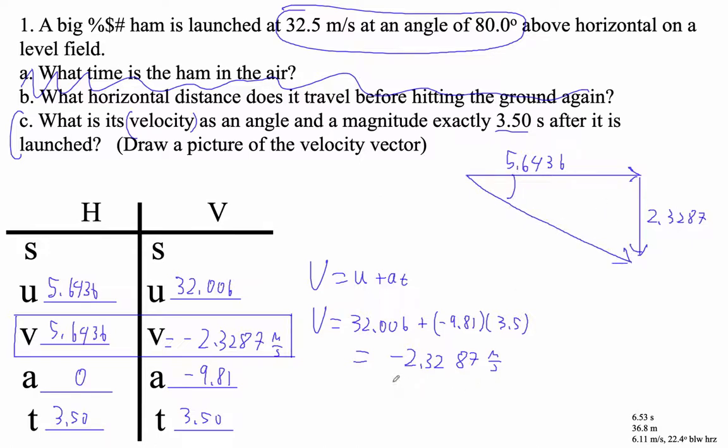All right, I'm going to find the magnitude. My magnitude is the square root of 5.6436 squared plus 2.3287 squared. Notice I'm ignoring the minus sign there, okay?